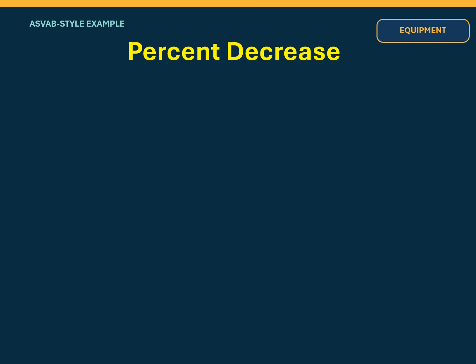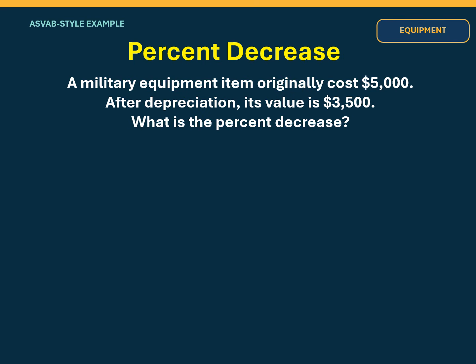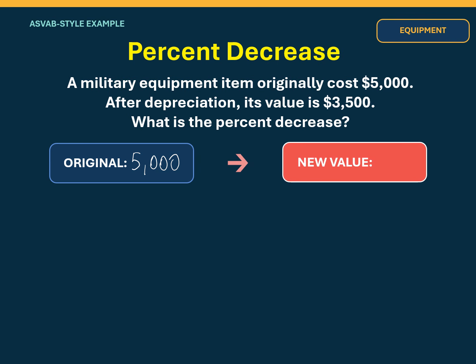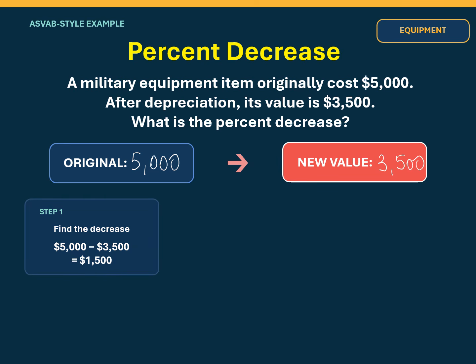Next example, let's show percent decrease. Equipment originally cost $5,000. Its current value is $3,500. So original cost 5,000. Currently cost 3,500. The first step, we need to subtract original minus new. It is 1,500.